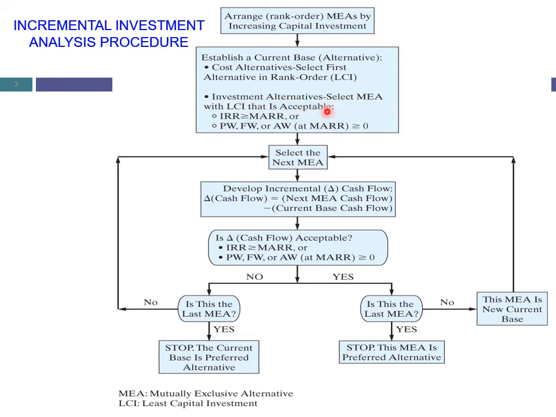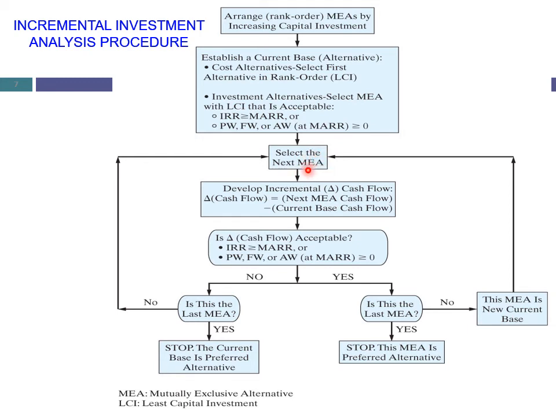A project is acceptable if its IRR is greater than or equal to MAR, or if its present, future, or annual worth is greater than or equal to 0 when these equivalent worths are calculated using MAR as the interest rate. Then after establishing the current base, we select the next mutually exclusive alternative.